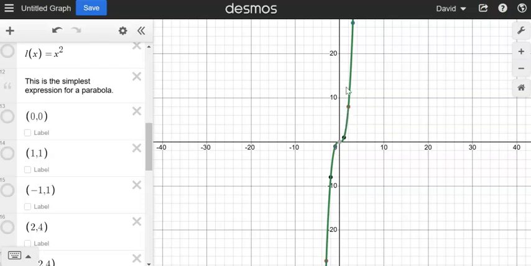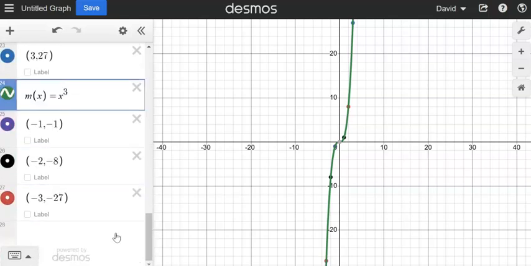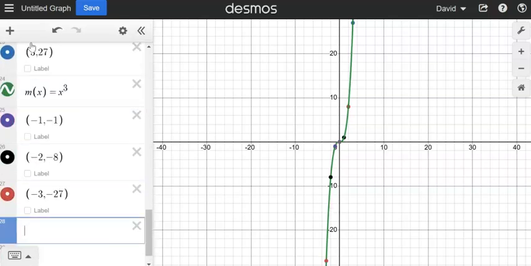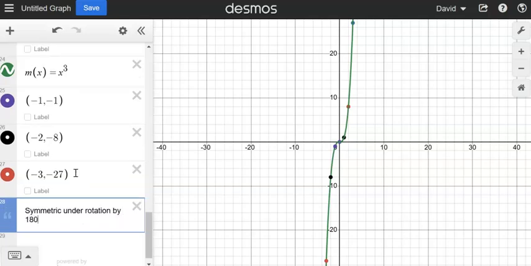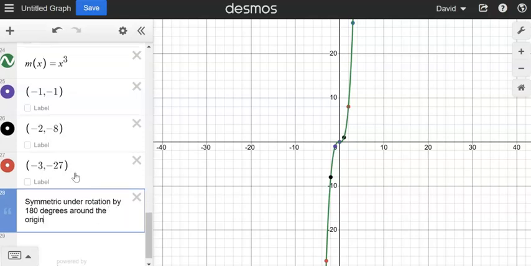If you take this and you rotate it 180 degrees, boom, boom, boom. If you rotate it 180 degrees around the origin, you'll get the same thing. So this guy is symmetric under rotation by 180 degrees around the origin. We'll talk about other ways of thinking about that symmetry, because that's really, really helpful.